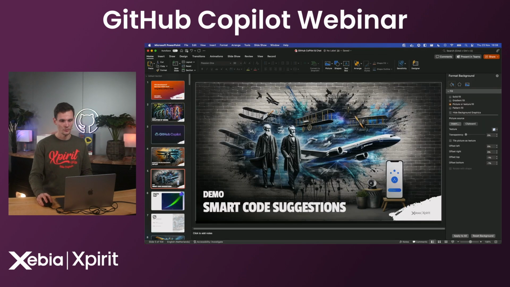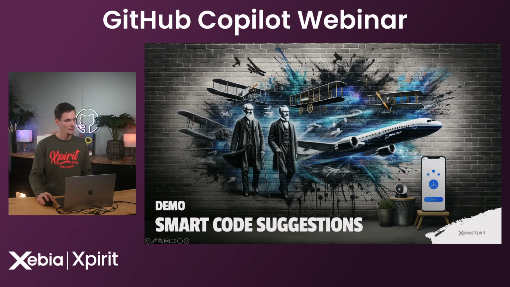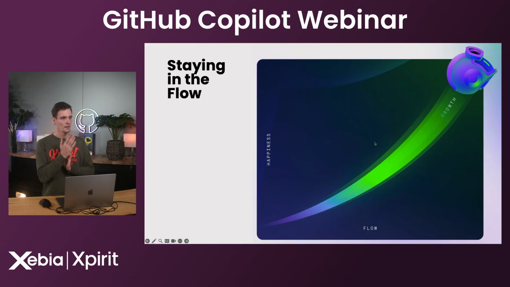So let me go back to my slides. So I constantly am getting these suggestions, and I'm coding, and I'm not having to do all this tedious task of adding properties, changing properties. So what that helps me is I'm staying in the flow. I don't have to look up how put works, how delete works for a list of items.